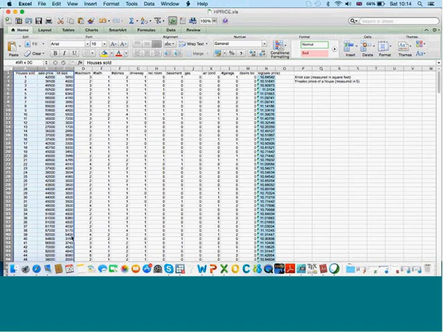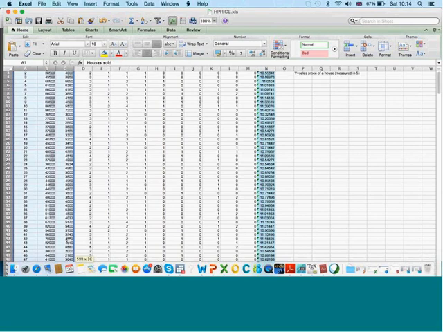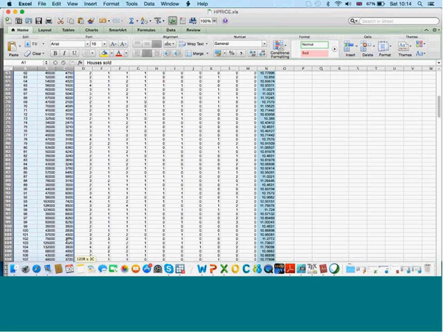My data are in Excel, so I can simply copy this data and bring it into Stata. I haven't prepared the data for a purpose, just to demonstrate that we can do this in Stata. So we can copy the data and send it straight to the Stata software.